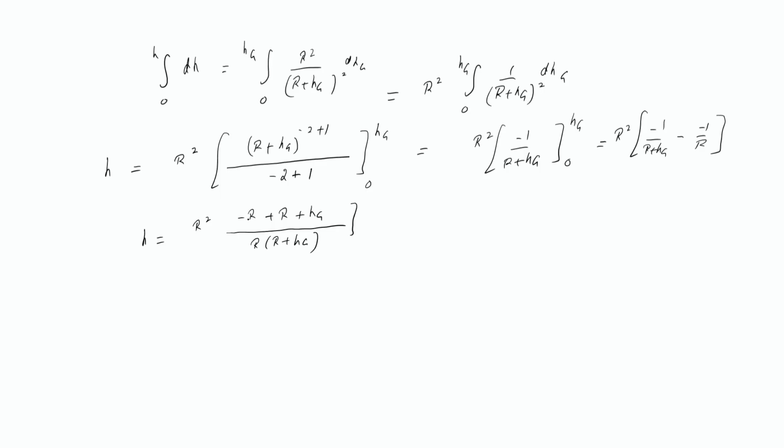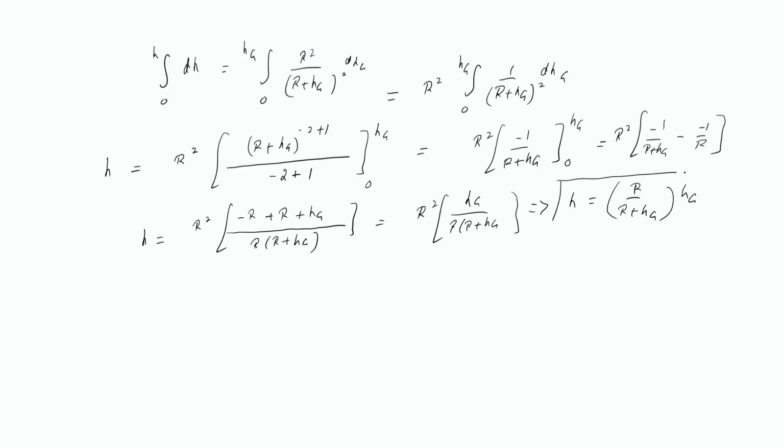Just taking the LCM, we have r square hg upon r into r plus hg. Now this further can be reduced to, let me write here the final expression, h equals r upon r plus hg into hg.